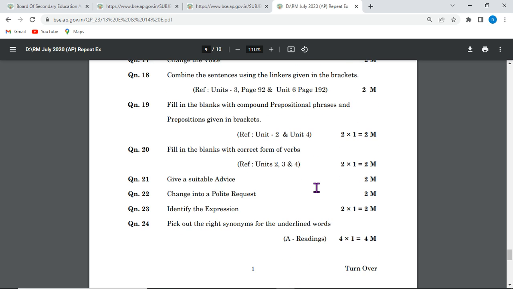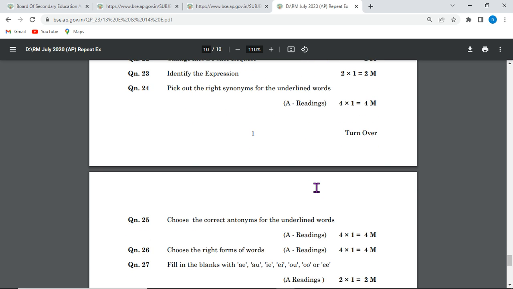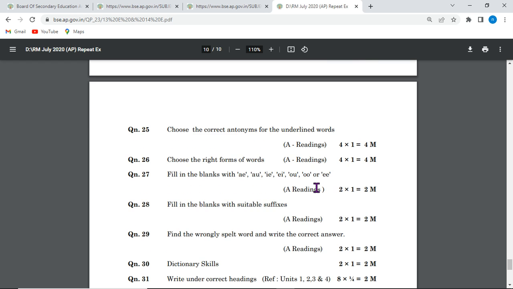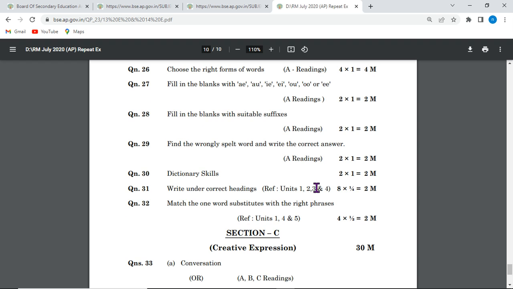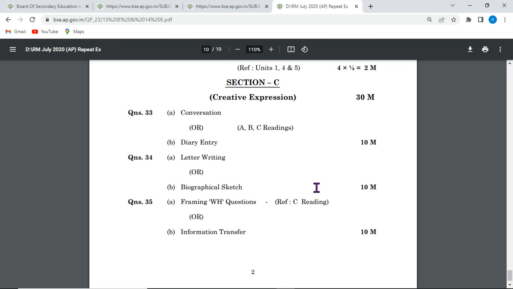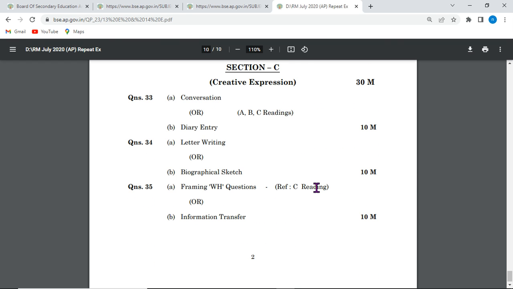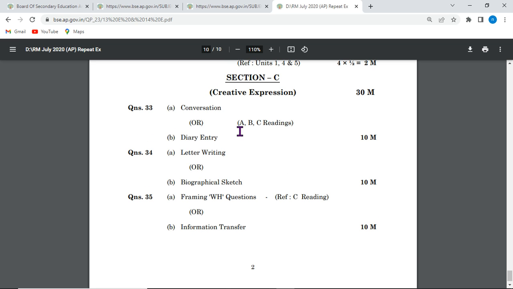So you can pay more attention to this blueprint, get it printed and make use of this blueprint for excellent marks in the upcoming SSC public examinations. So creative expressions: conversation, diary entry, letter writing, biographical sketch, framing WH questions and information transfer. So anyone can attempt WH questions easily.